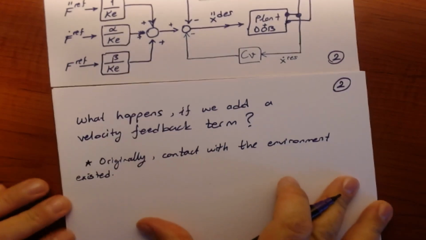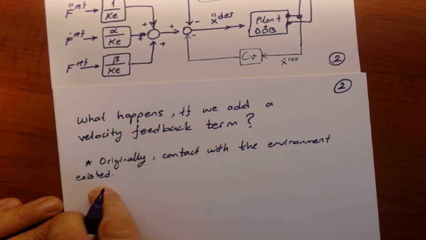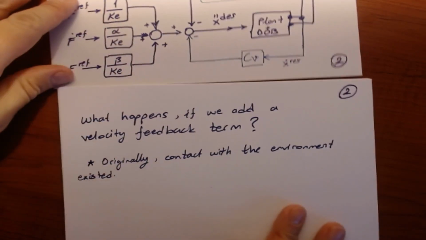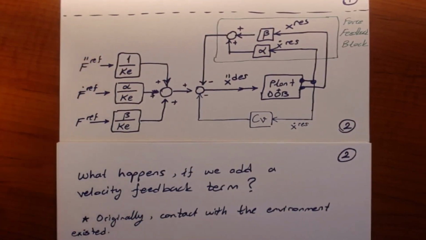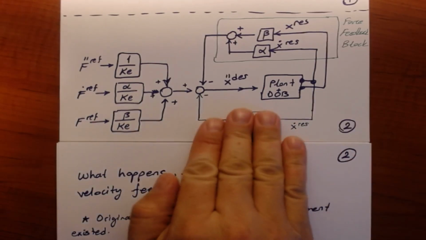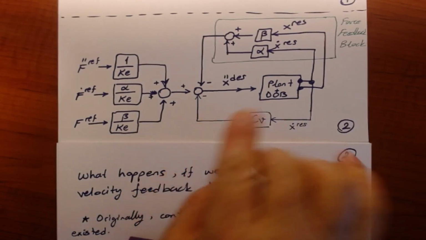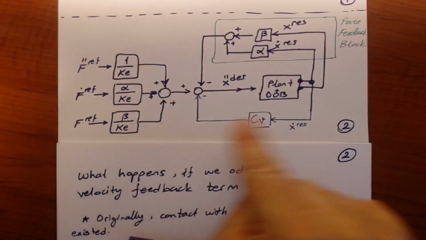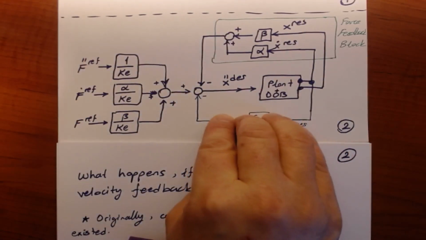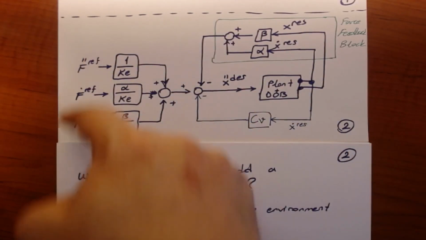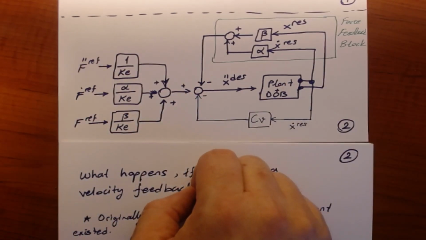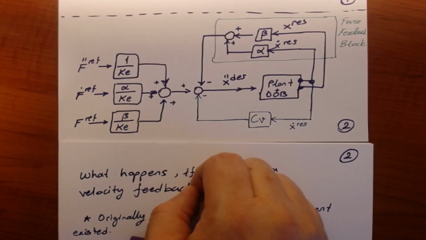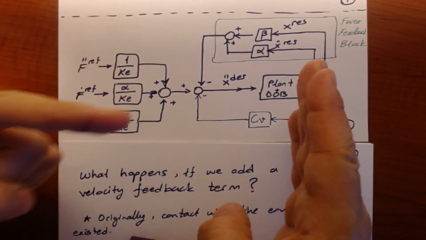Now, if in the previous derivation there is contact with the environment, then you don't need this block at all. Your algorithm given here will function as a whole and carry out the force control for any continuously twice differentiable force reference of yours.